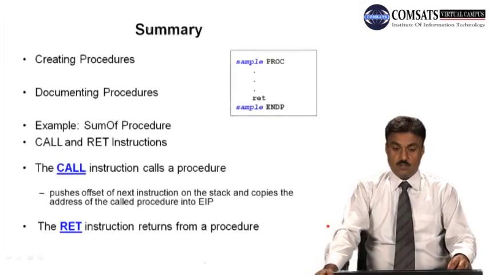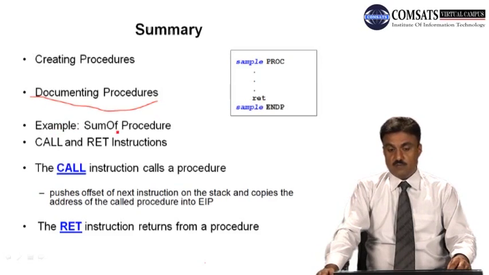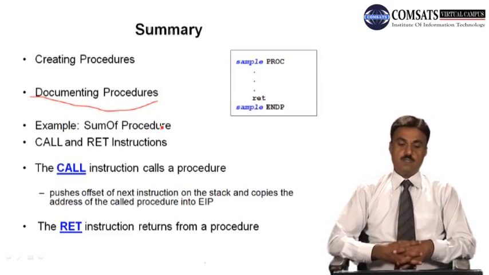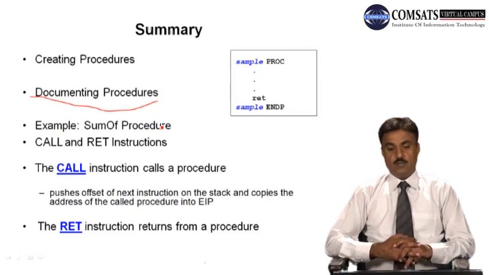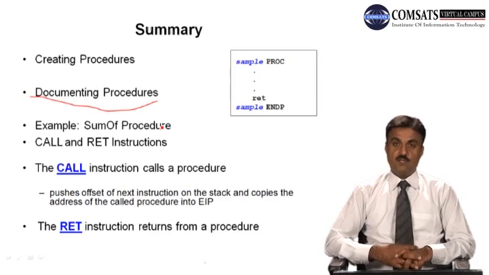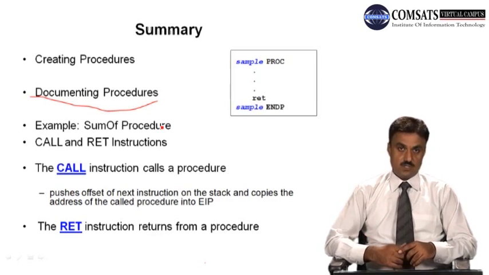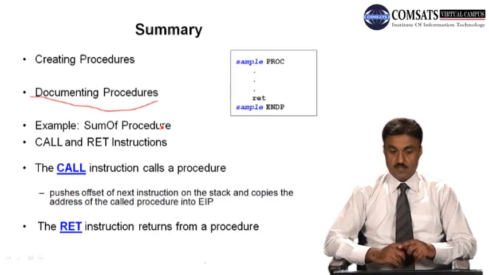In this lecture number 16, we discussed creating procedures, how we can create procedures. Then we also saw how we can document procedures, and then we did an example of a sum procedure to sum 3 elements and so on, and then we saw the call and return instructions, how we can use the call instruction and how we can use the return instruction.